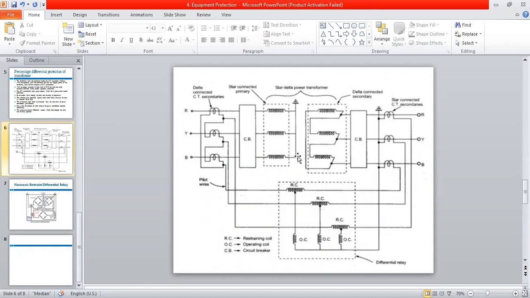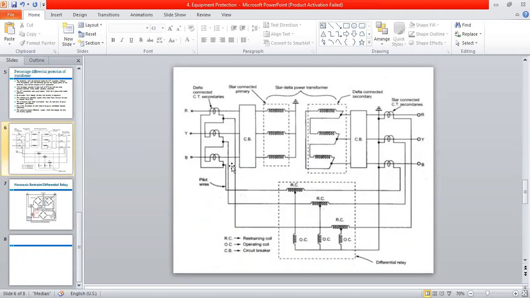What is it doing? It is holding that bar under normal operating condition. Whatever current is flowing through this restraining coil is normal, meaning your transformer is under normal working condition.